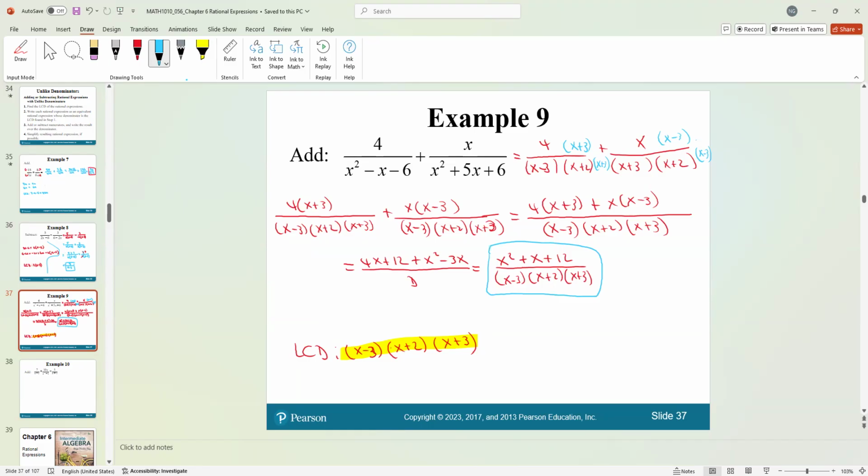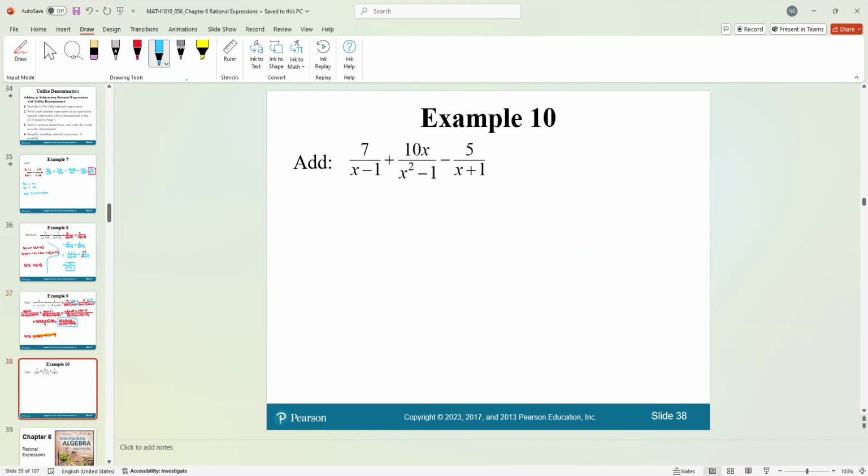Now that you see this, I can either leave this one for you to enjoy, or you can say, you know what? I realize that the first one is only x minus 1. The second one is x minus 1 times x plus 1.